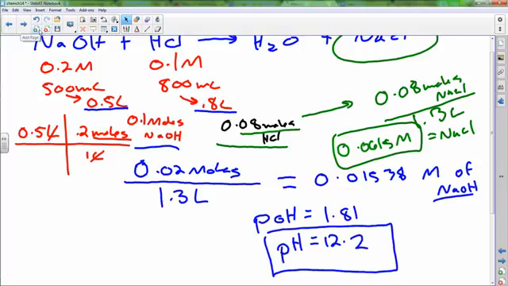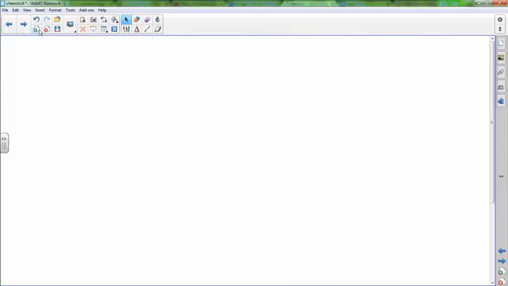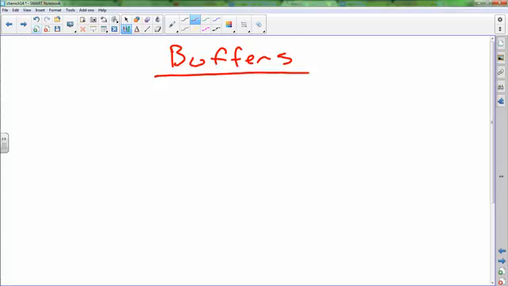Okay, the last thing that we're going to talk about are buffers. Okay, a buffer is a solution that resists a change in pH.